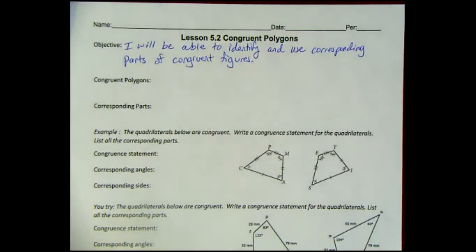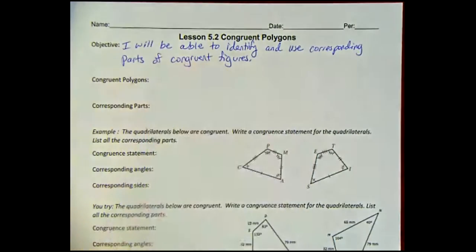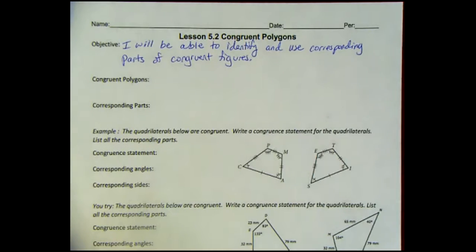Okay, so we're going to be really talking about how to use congruent parts. First we're going to talk about how to identify congruent parts in congruent figures. For example, if I told you two triangles are congruent, how can you tell which sides are congruent to each other and which angles are congruent to each other?